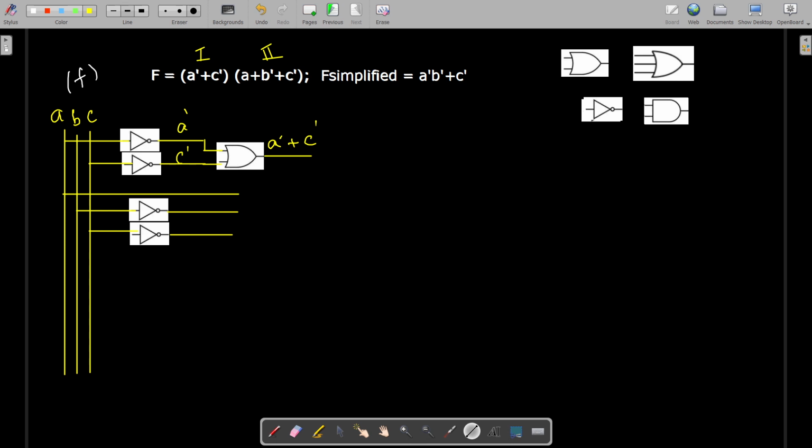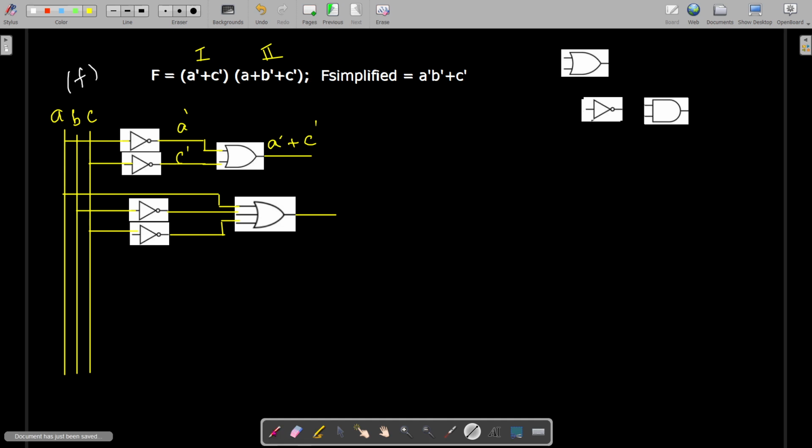All these 3 must be combined here, isn't it? In order to get A plus B dash. All these 3 must be combined to get A plus B dash plus C dash. So we need a 3 input OR gate. So at the output of this we get the second term. What it is?